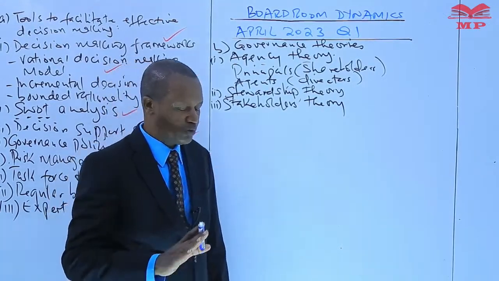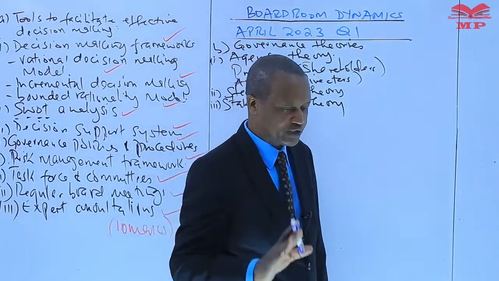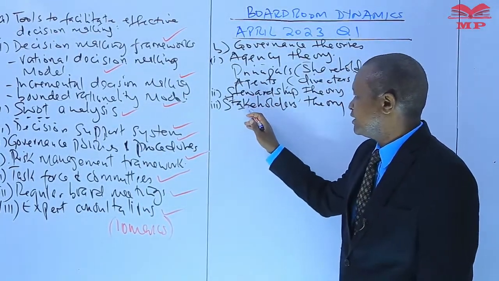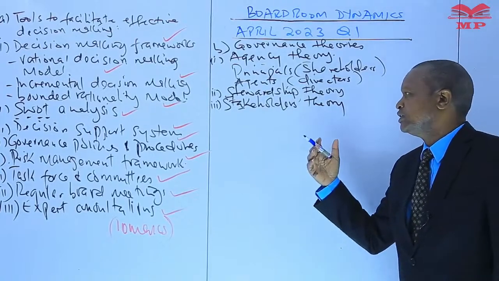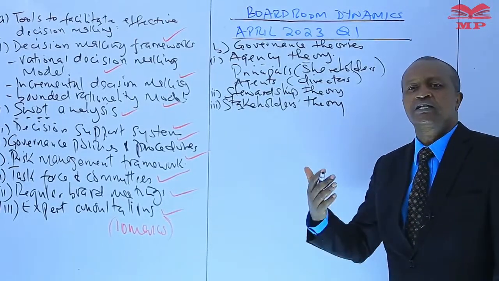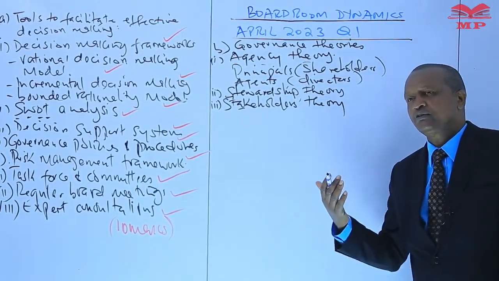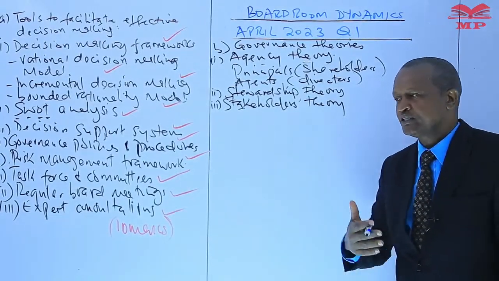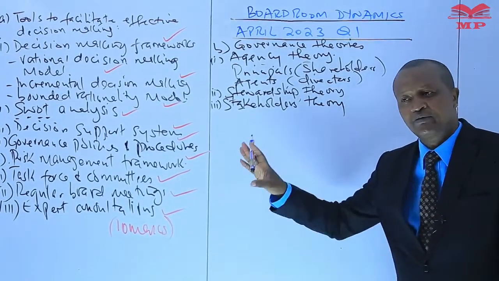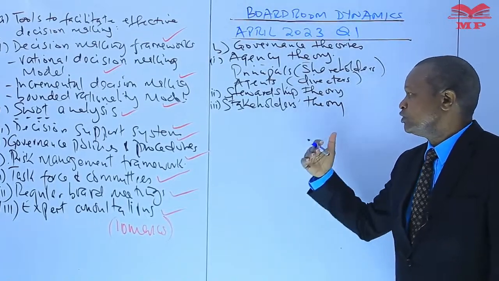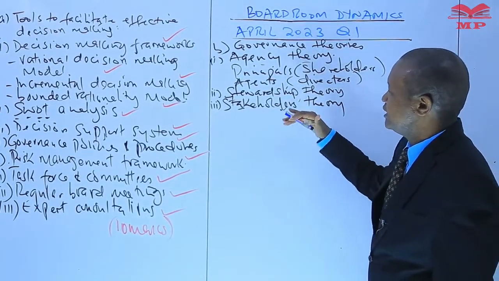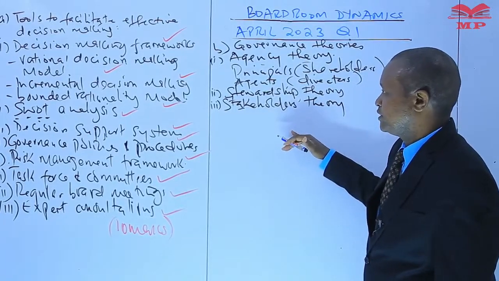Stakeholders are persons who have an interest or a stake in the company. This could be the suppliers, the shareholders, the employees, the customers, the government. Any person who is affected by the actions of a company is a stakeholder.